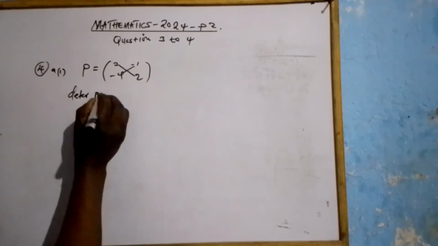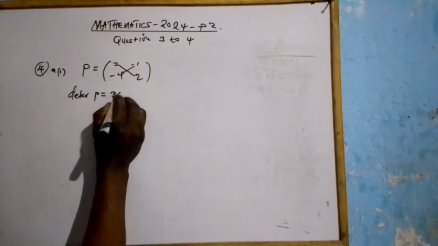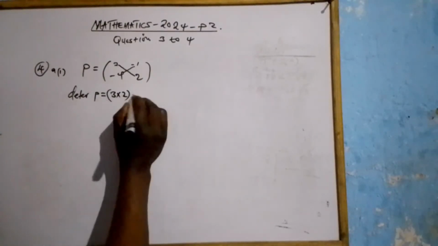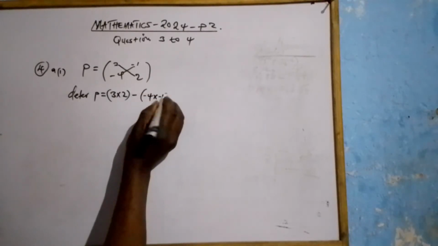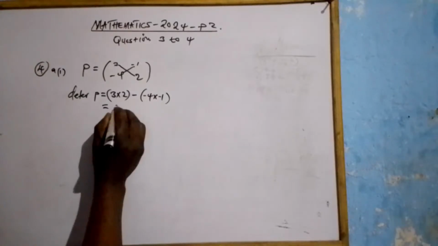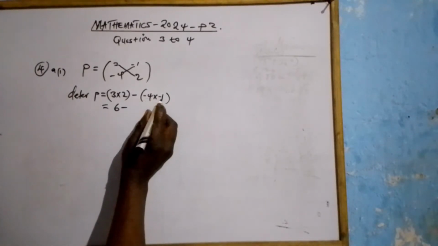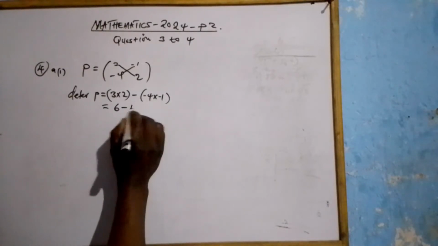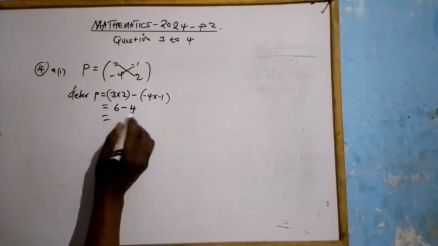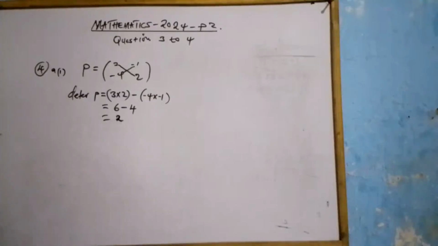Delta P equals 3 times 2, minus minus 4 times minus 1, which equals 6 minus 4 times minus 1. You're going to have positive 4, so it will be 6 minus 4, which is 2. So this is our determinant.